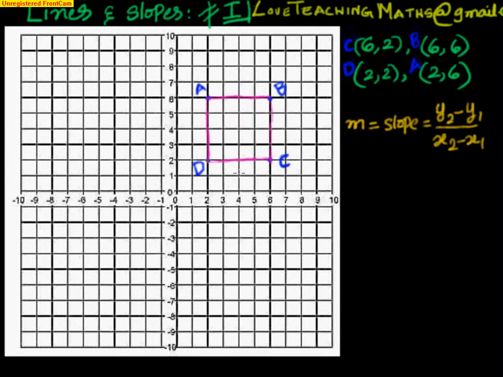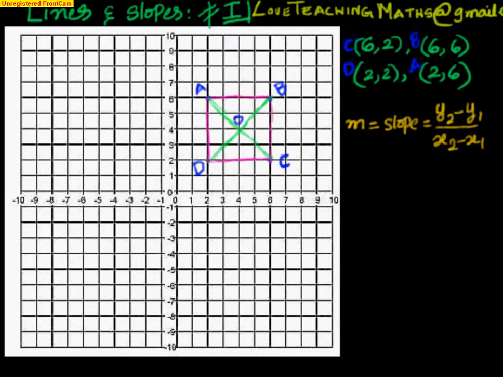This is my square, and I also want to have the diagonals joined, so I'll join the diagonals. Let's say this point is O.